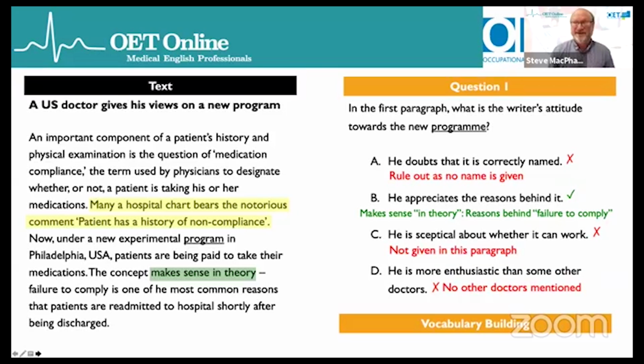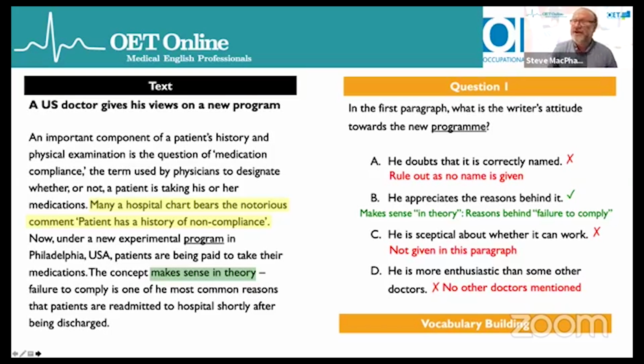Famous has a positive meaning. Notorious is famous for the wrong reasons, right? So in this case, a history of non-compliance is not good, but it's well known and famous. It's written on hospital charts, but it's famous for the wrong reason. That's something that's notorious. Now, many of you have probably seen that in your workplace, I can imagine. Patient is non-compliant. All right, let's continue, everyone.